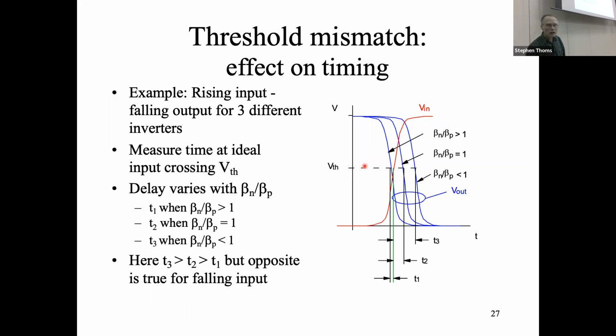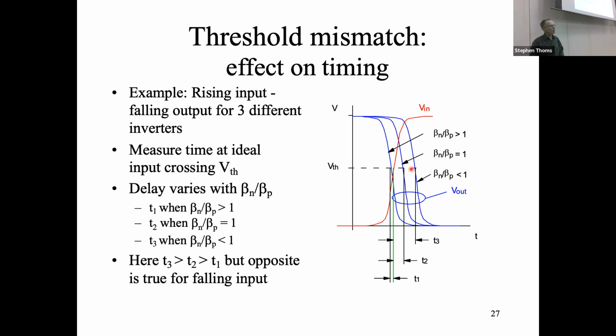So this is the threshold in the center here for the middle blue line. That's the one where the gains are matched. But if the ratio of the widths are different, then they'll either react earlier or react later. So what you can see is that there are different delays for different width ratios. And that's for a rising input, falling output.